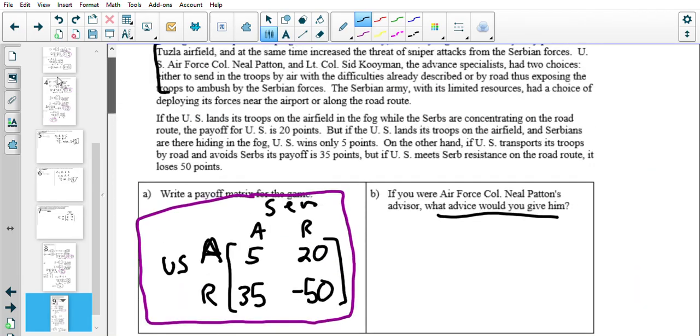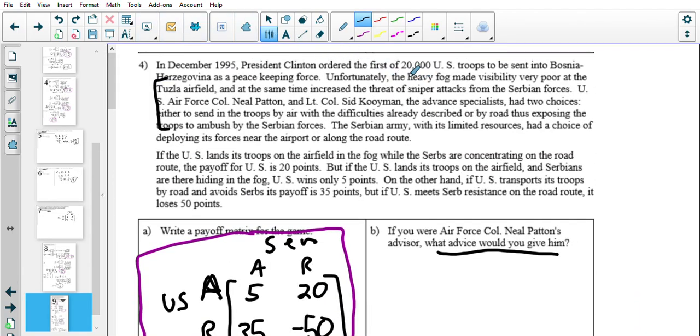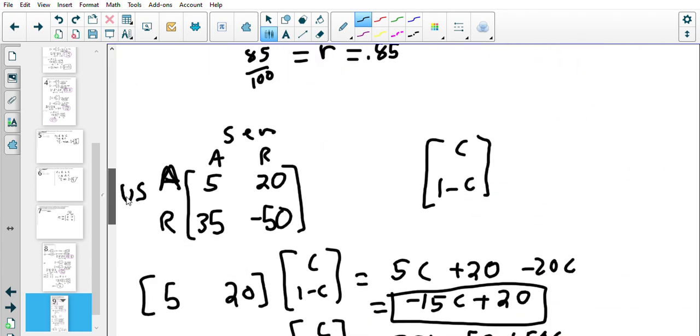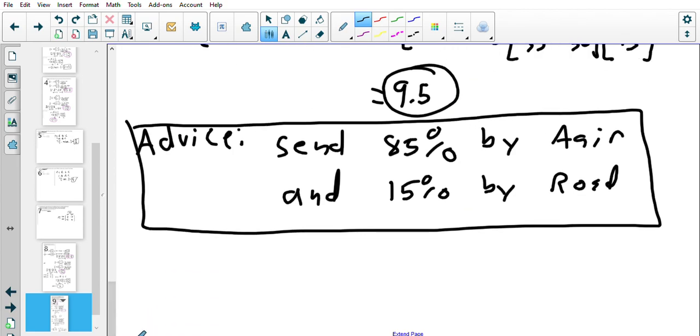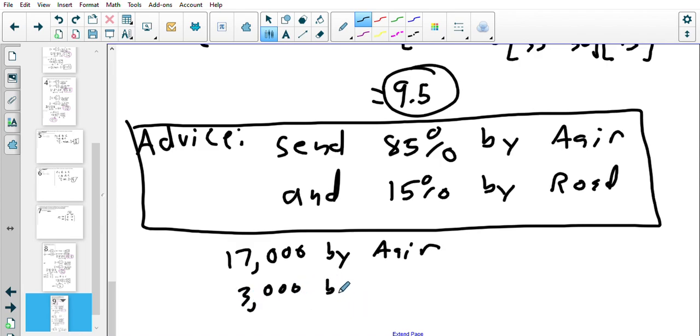I guess if you wanted to, we know that it's 20,000 troops, right? So if you want it to be even more specific, 20,000 times 0.85, that would be 17,000 by air, and then 20,000 times 0.15 should be 3,000, so 3,000 troops by road.